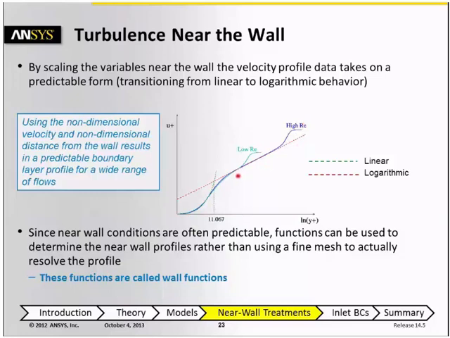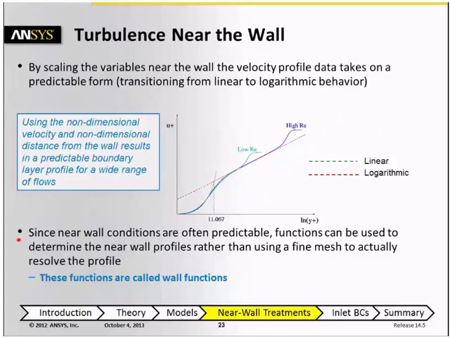You can see that close enough to the wall, the profiles are identical. Further away from the wall, in the outer part of the boundary layer, then the profiles begin to deviate from the logarithmic profile. As we see on the plot, for higher Reynolds number, the logarithmic region extends further to the right on the x-axis. If we had an even higher Reynolds number, then we'd expect it to extend even further to the right.